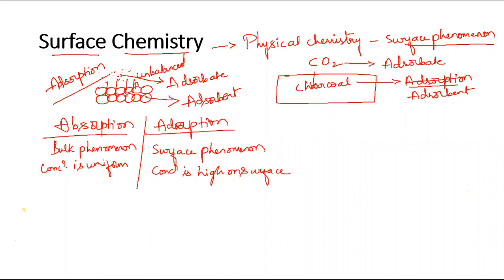For example, absorption of water by anhydrous calcium chloride. We use it in desiccators, where it absorbs moisture. Anhydrous calcium chloride is the example for absorption.